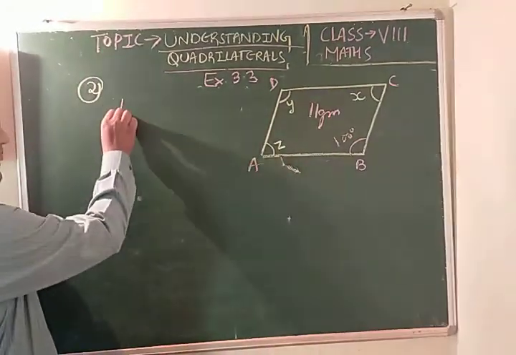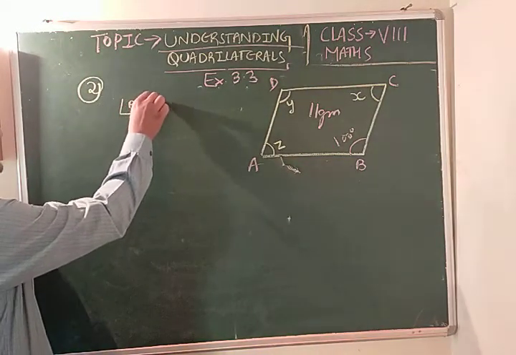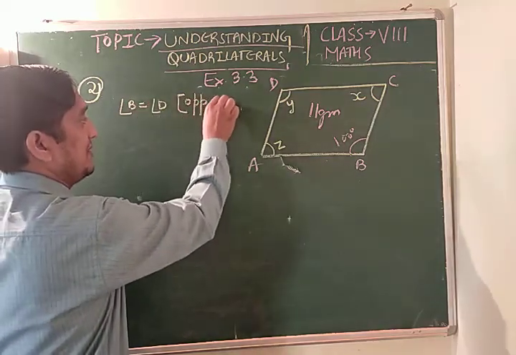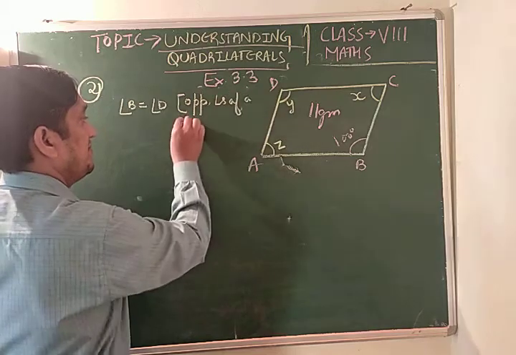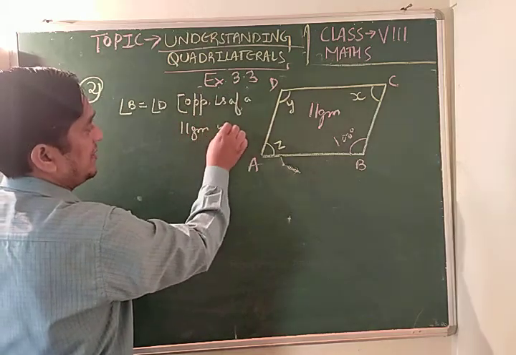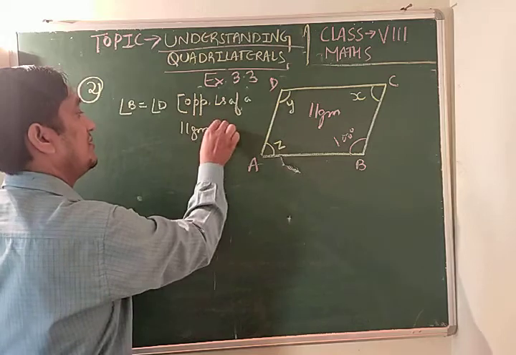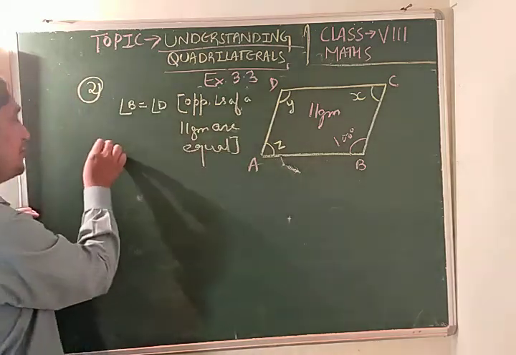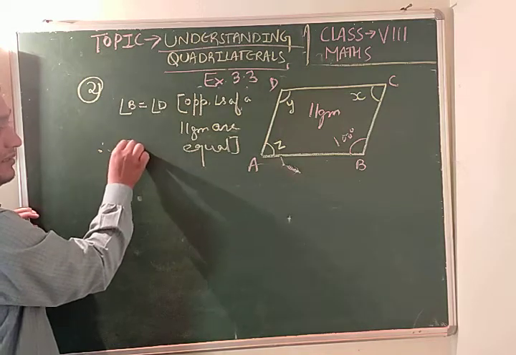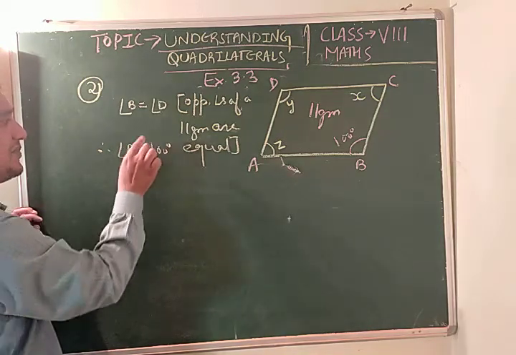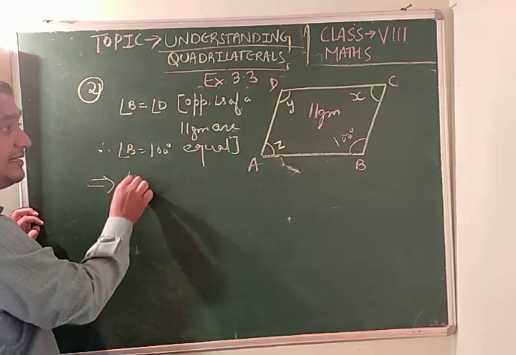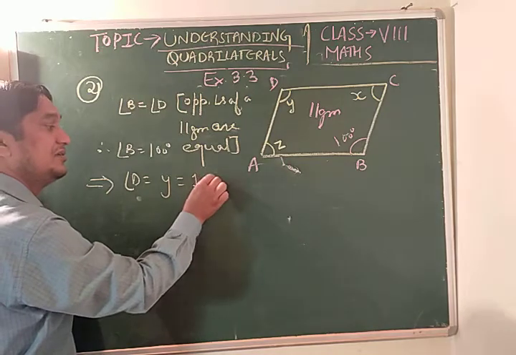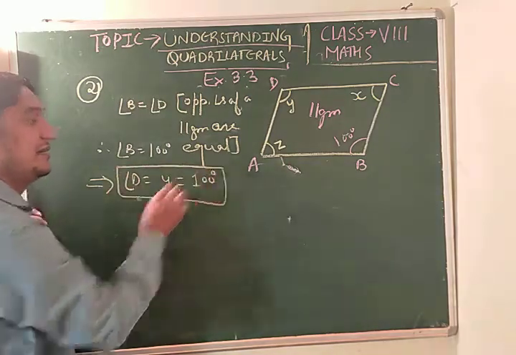Now listen, angle B must be equal to angle D because opposite angles of a parallelogram are equal. We know that angle B is 100 degrees. It implies that angle D, that is angle Y, is also equal to 100 degrees.